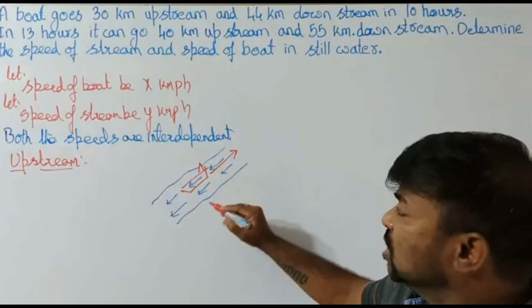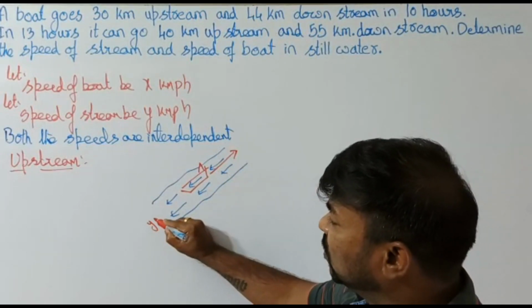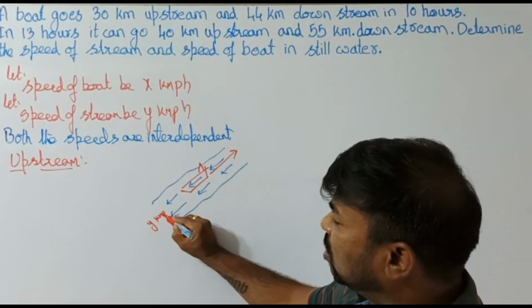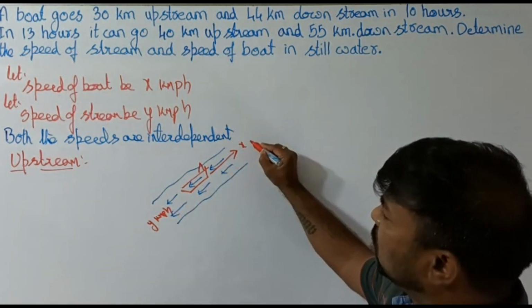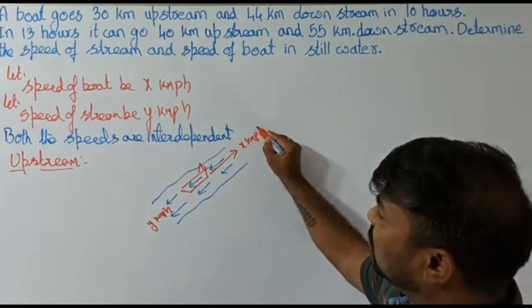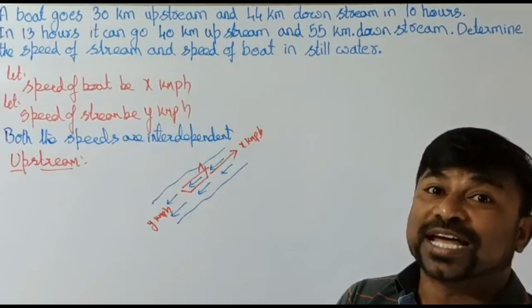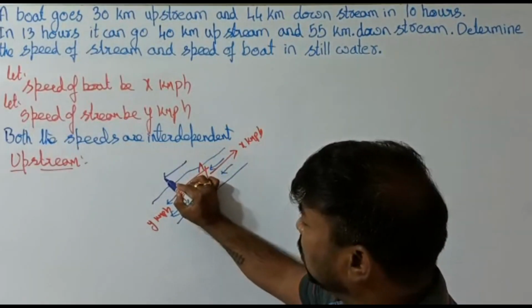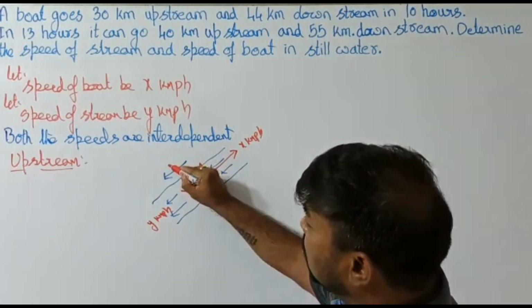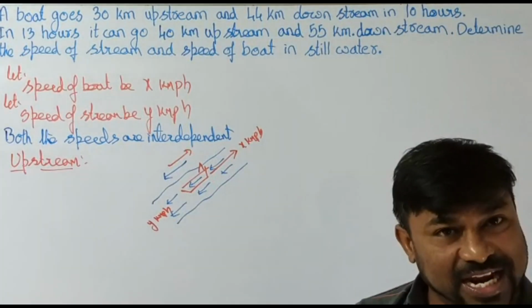You can observe this. Stream flow is going with y kilometers per hour, and the boat is going with x kilometers per hour. They are in the opposite direction. Water is moving in this direction and the boat is moving in this direction.